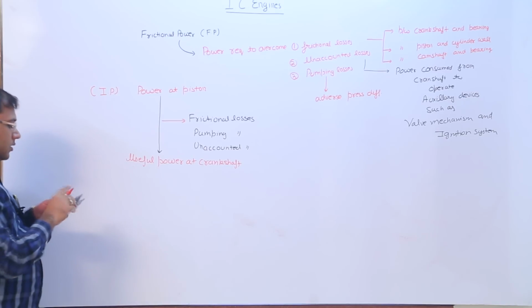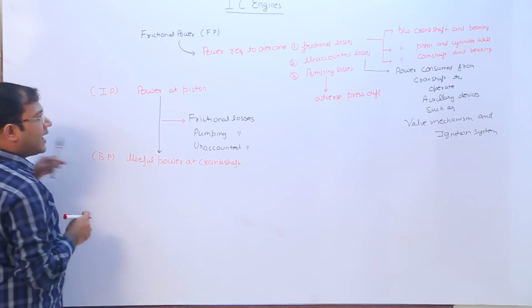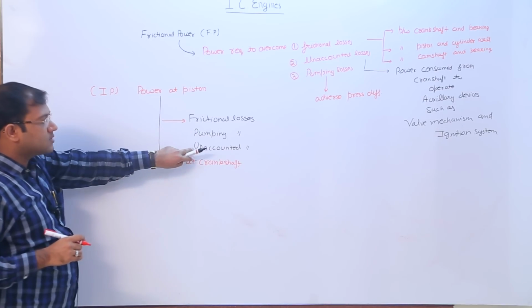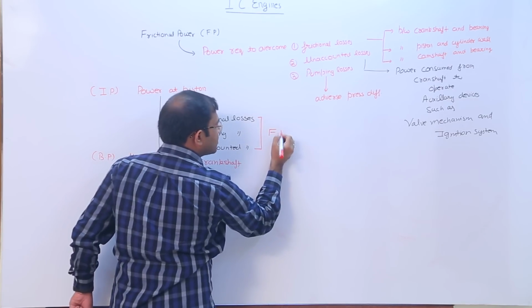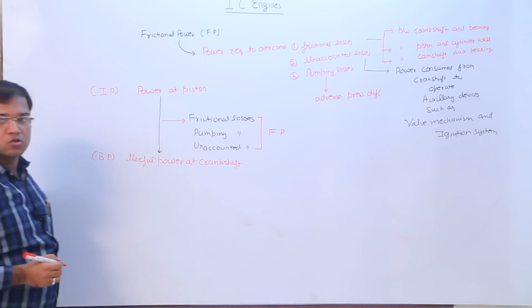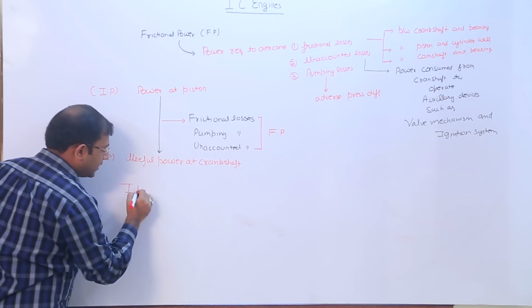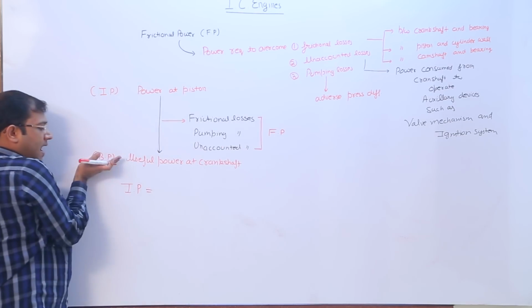Fine. See, this term is known as your brake power, and the power required to overcome this friction, pumping losses and unaccounted losses is known as our frictional power. So from the first law of thermodynamics we can say that indicated power is nothing but the sum of frictional power and brake power.